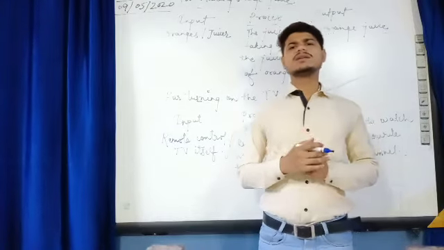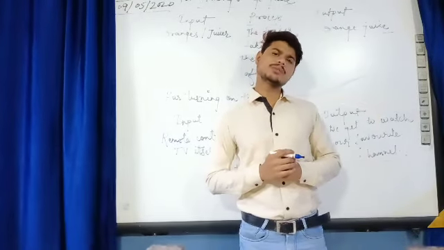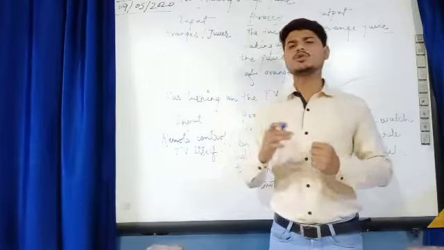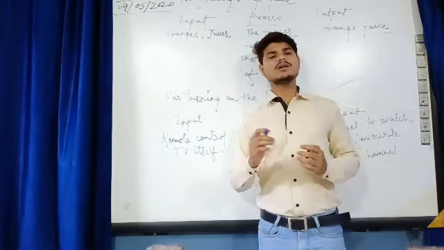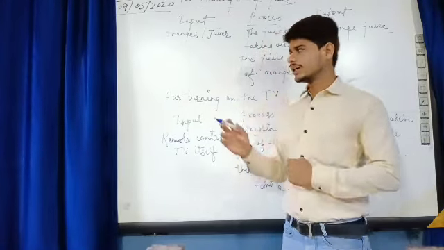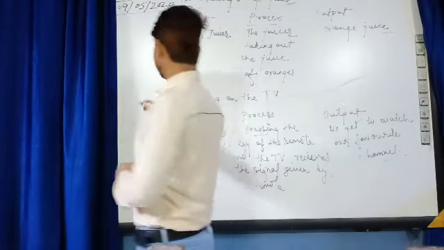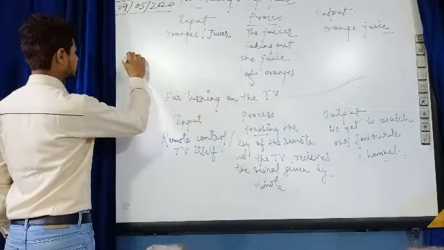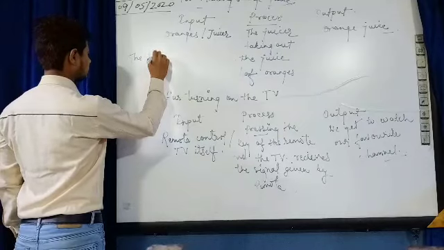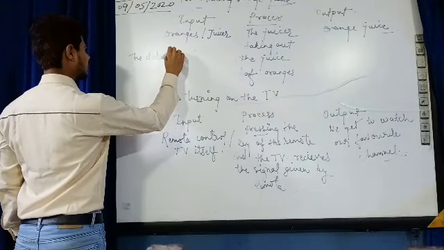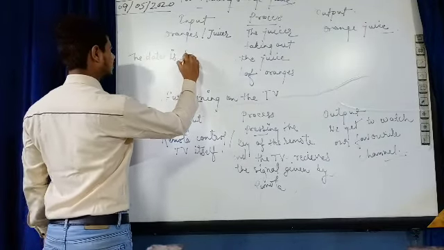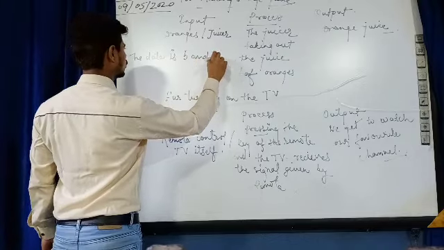Now students, when we enter input to the computer, there are two parts to the input. The first one is the data. For example, the data is 5 and 2.